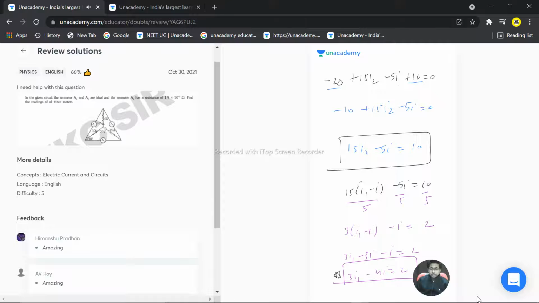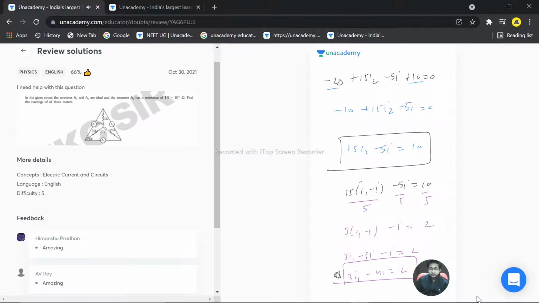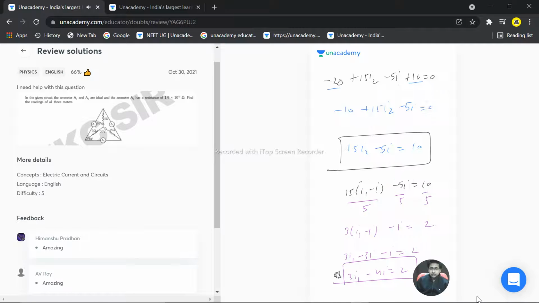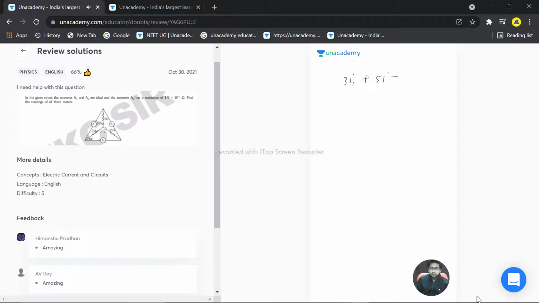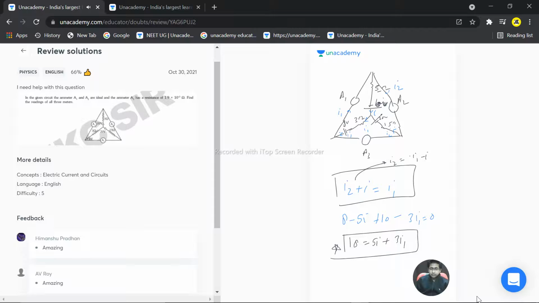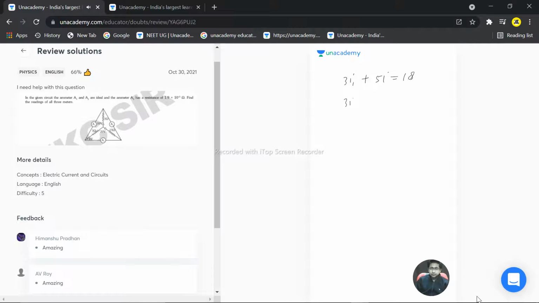One is this and one is this. Equation 1 is 3I1 plus 5I is equal to 18, and the second equation is 3I1 minus 4I is equal to 2.